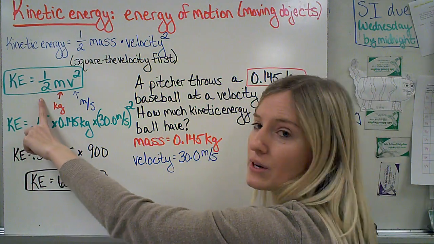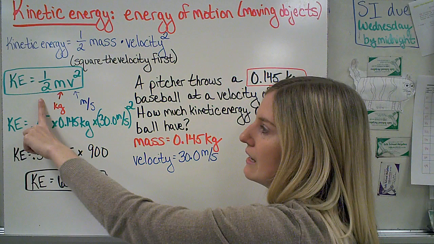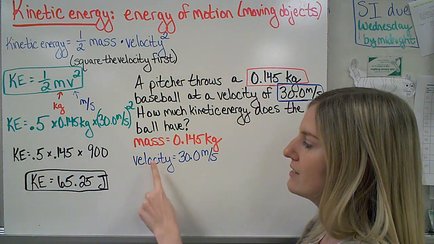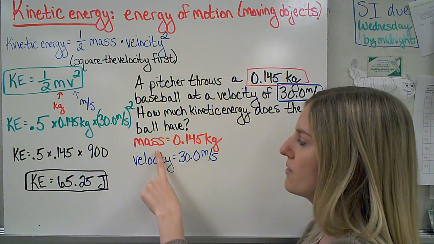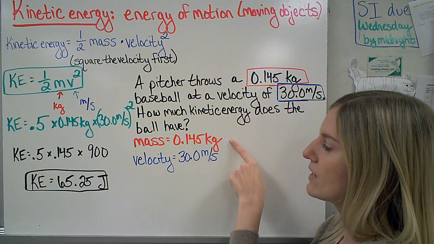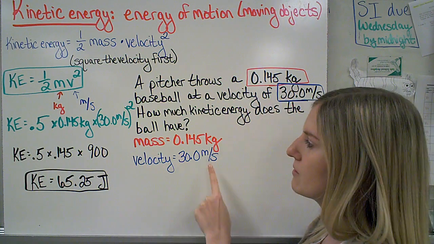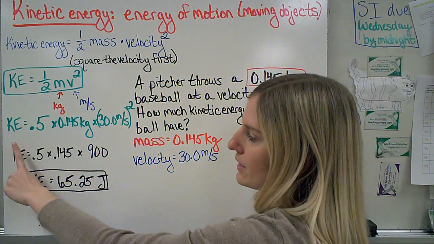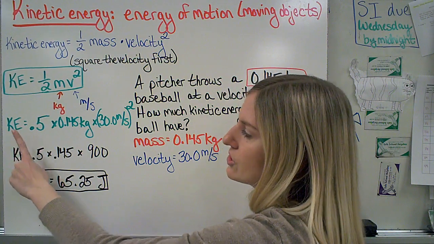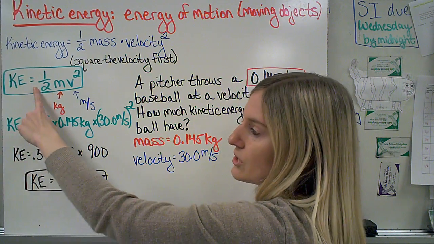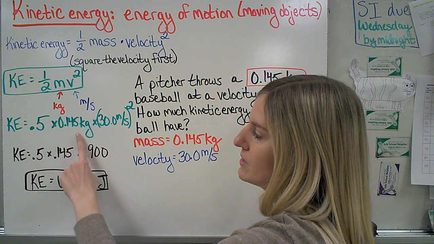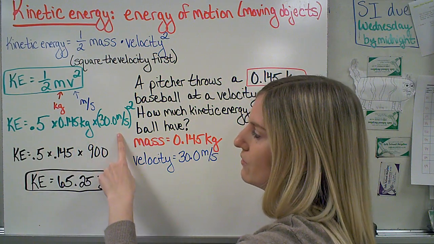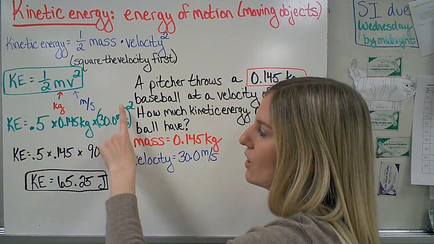Well, I'm going to use my equation, 1/2 mv squared. I'm going to identify the mass and the velocity of that ball. The mass is 0.145 kilograms. The velocity is 30 meters per second. I plug in my values. So kinetic energy is 0.5, which is 1/2, times the mass times the velocity, 30 meters per second, squared.